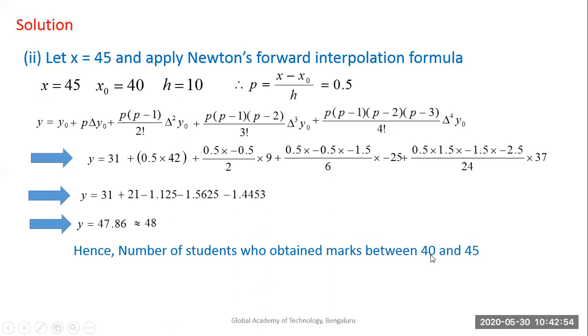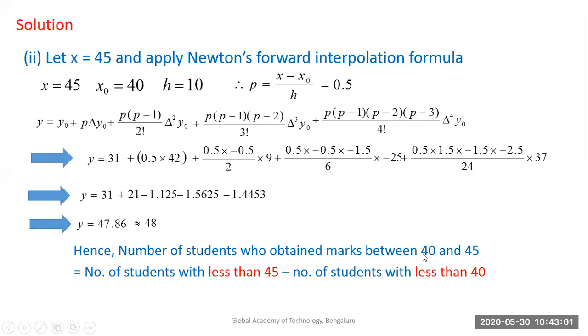Below 40 I know it is 31. Below 45 it is 48. So the number of students who obtained between 40 and 45 will be the number of students who got below 45 minus the number of students with less than 40, which comes to 17. So 17 students got marks between 40 and 45.